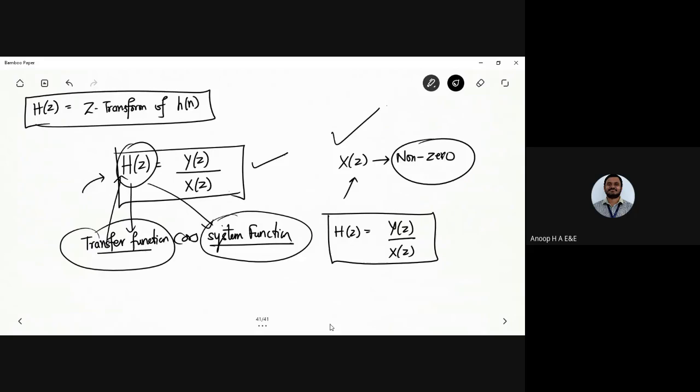So considering a discrete LTI system having an impulse response, say h of n, we know that y of n would be equal to x of n convoluted with h of n.